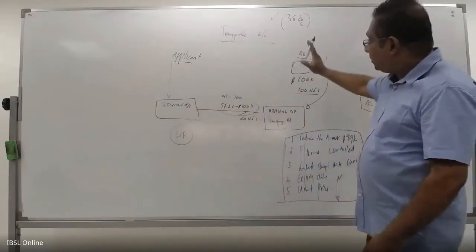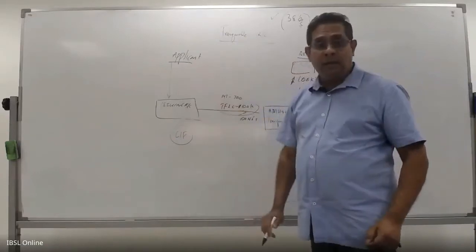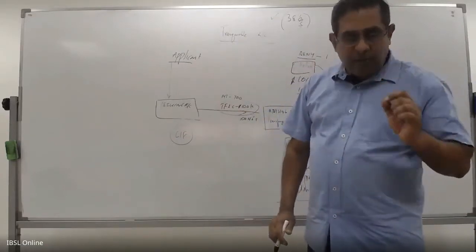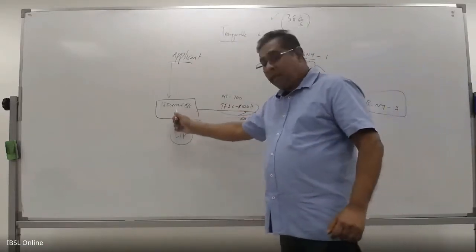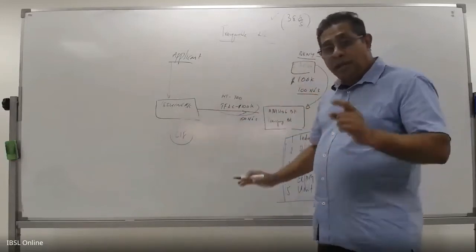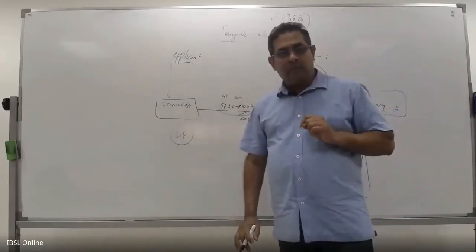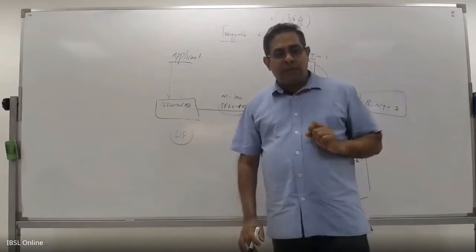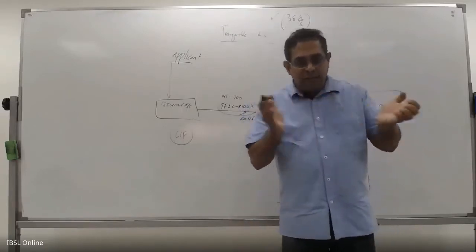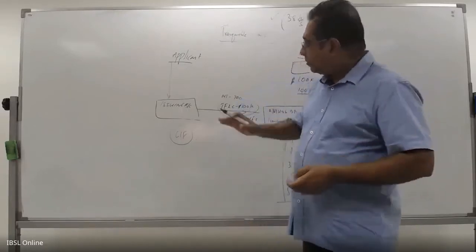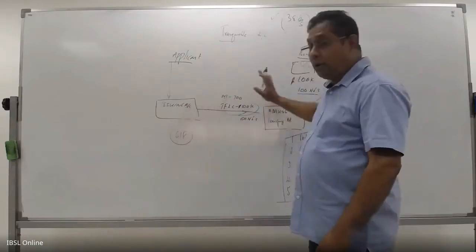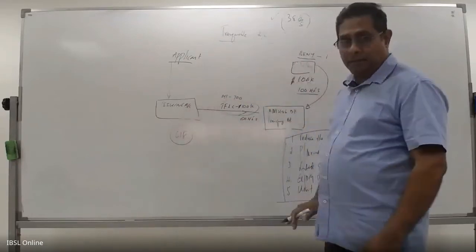But no sooner does beneficiary 1 request the applicant to open a transferable letter of credit than they are aware that there is more than one beneficiary. So the main ingredient of a transferable letter of credit is that you should have more than one beneficiary. So the issuing bank is aware, but they don't know who the second beneficiaries are.